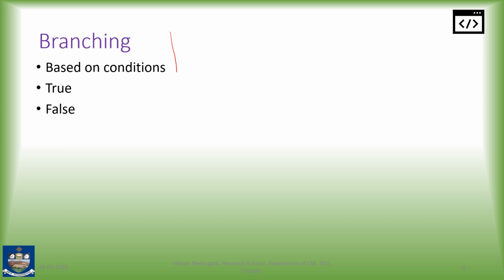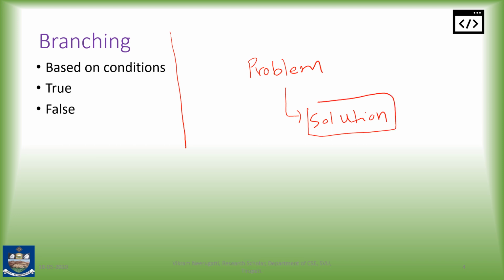Branching. So branching means divisions. Generally, as I said previously, we have a problem. We need to find a solution for that problem. That's our agenda.